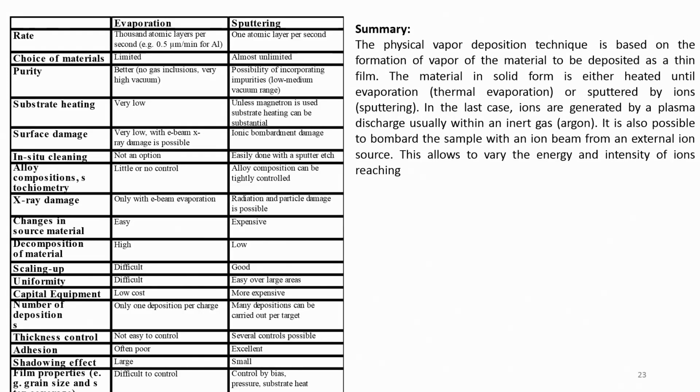Then in evaporation we have seen thermal evaporation and e-beam evaporation, followed by understanding what exactly is sputtering. So, sputtering is mechanical way of depositing a thin film on the substrate, while evaporation is an electrical or thermal way of depositing a material on the substrate. There are several advantages of sputtering over thermal evaporation or e-beam evaporation.